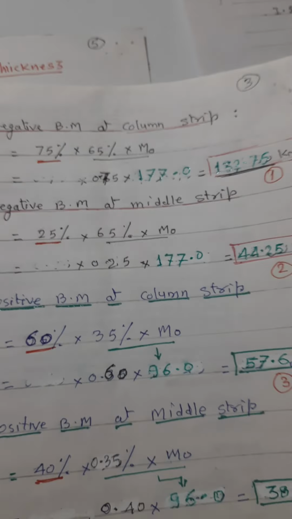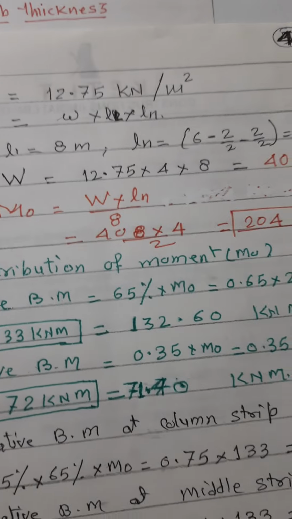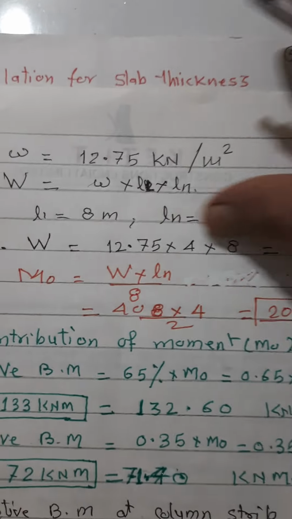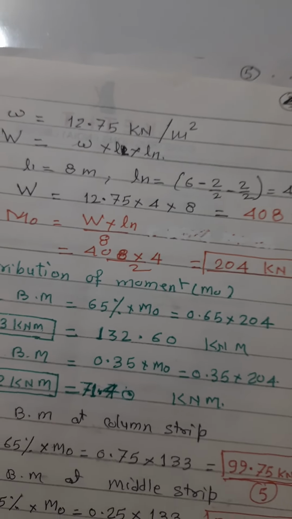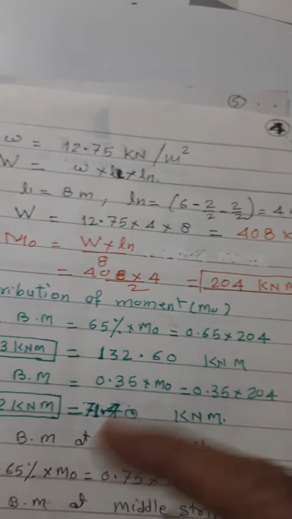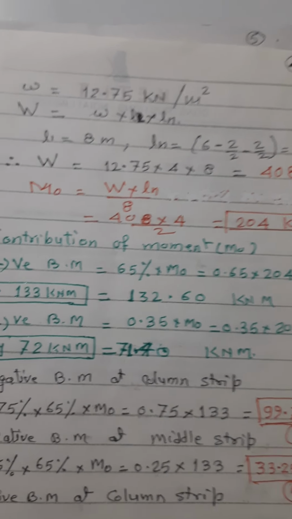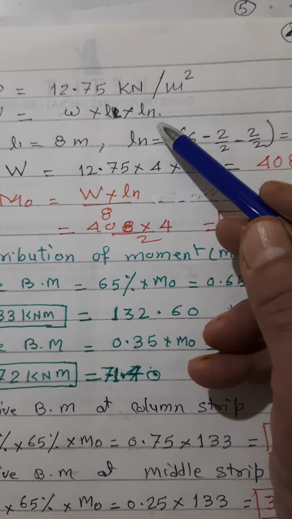Now similarly, we'll go for the next part. Again, considering the same thing, but ln will change now. Previously, ln was the distance between the longer side, edge to edge. But now, when we are talking about the shorter side, that was 6 meter, this will remain the same, but W will be changing.